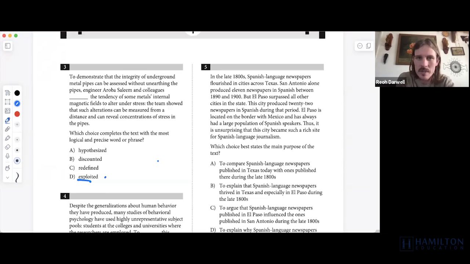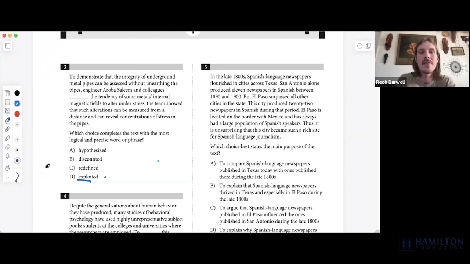The connotation of exploited, meaning utilized, can sometimes have that negative taken-advantage-of connotation, particularly when we talk about people exploiting other people or people exploiting situations. But in this case, it's functioning as utilized without that negative connotation, without any sort of value context added. All right. So exploited works here.